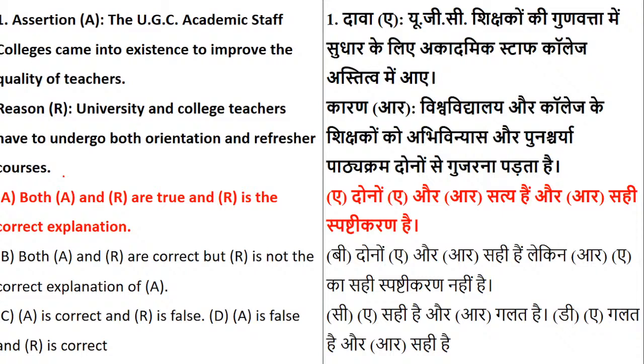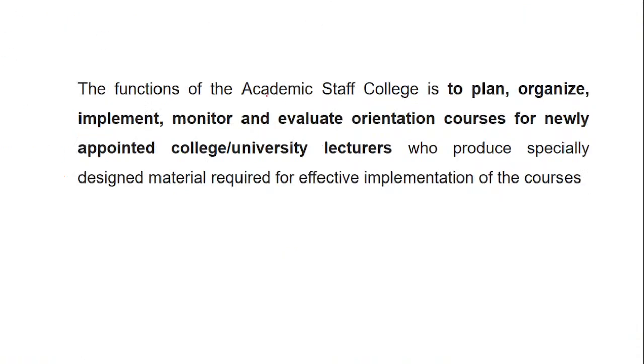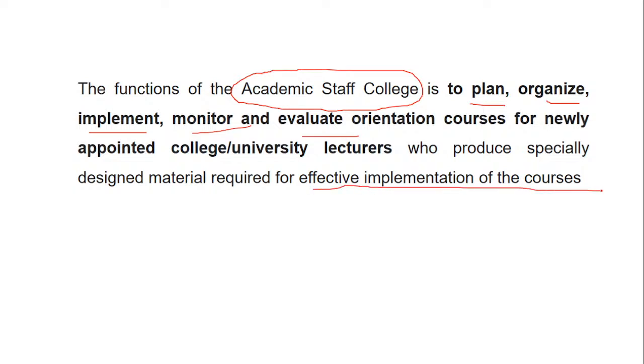Now let's understand what is the function of this academic staff college, because you can get this question in a different form of sentence also. What is the role or function of the academic staff college? It is to plan, organize, implement, monitor and evaluate orientation courses for newly appointed college or university lecturers, who produce specially designed material required for effective implementation of the course.